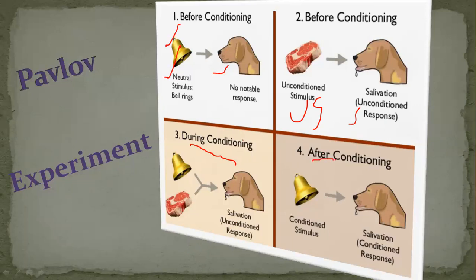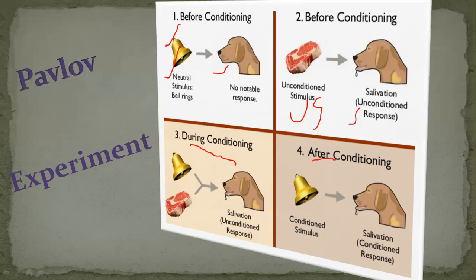So what happened after this was done several times? When the bell rang, the dog was provided with the meat or the meat powder, and the dog started to salivate.